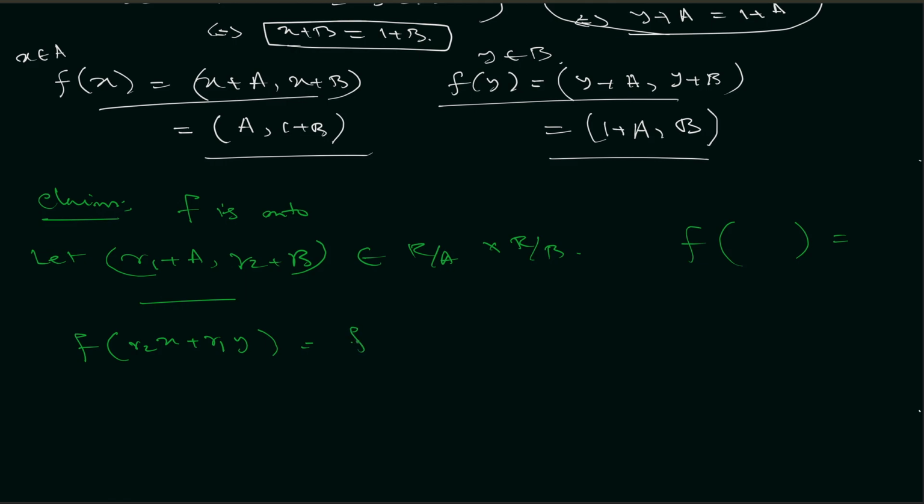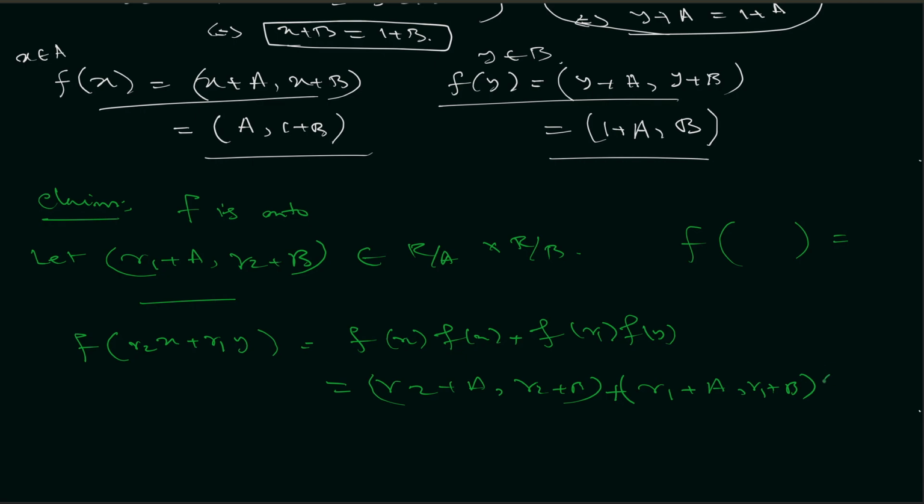So f of r2x plus r1y, by the homomorphism property, is f of r2 times f of x plus f of r1 times f of y, that is (r2 + a, r2 + b) times the image of x, plus (r1 + a, r1 + b) times the image of y, (1 + a, b).